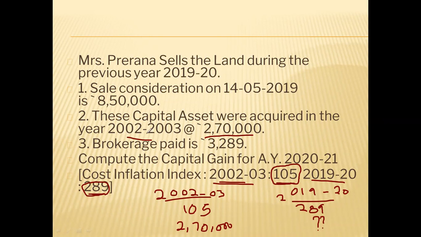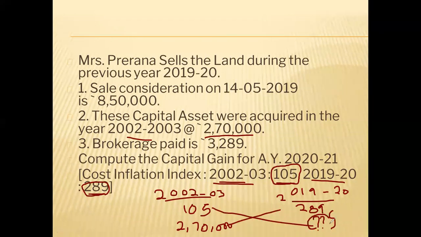A 17-year gap is there. So we will have to increase this cost in 2019-20 terms. How will we calculate? Simple, just cross multiply and calculate this amount. So everybody please do the cross multiplication. How will we do it? 270 into 289 divided by 105.